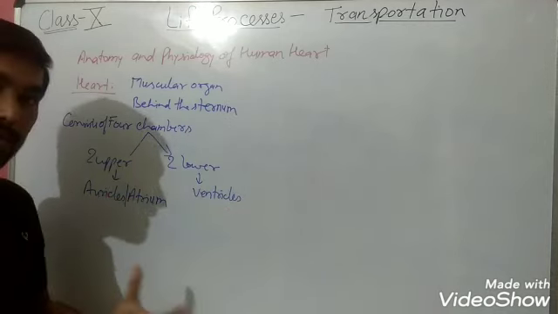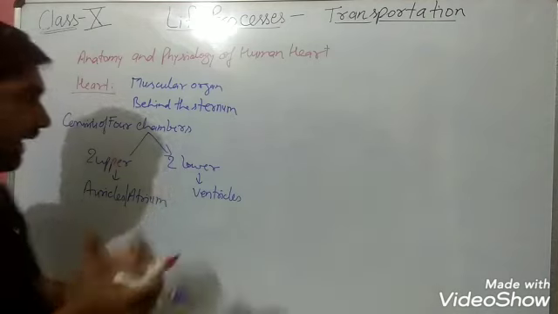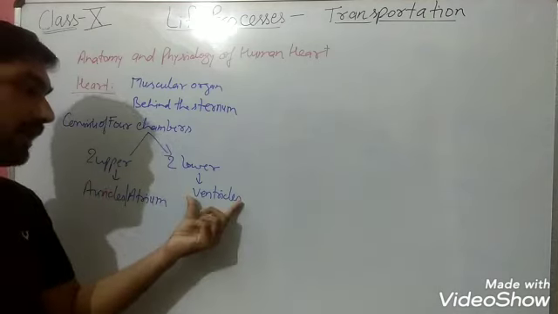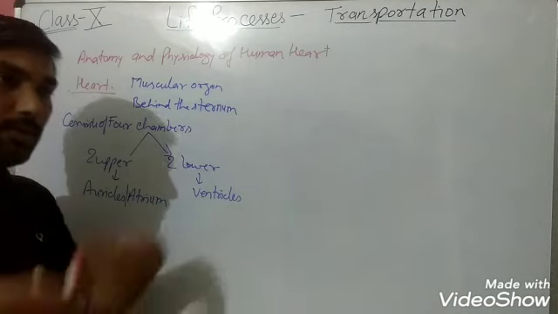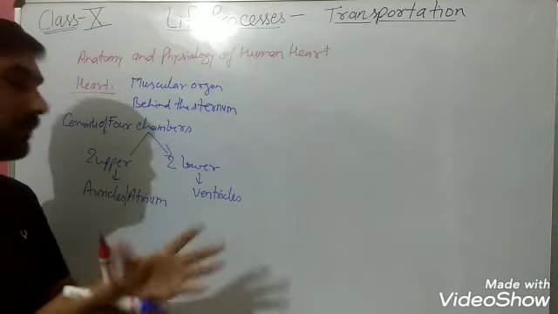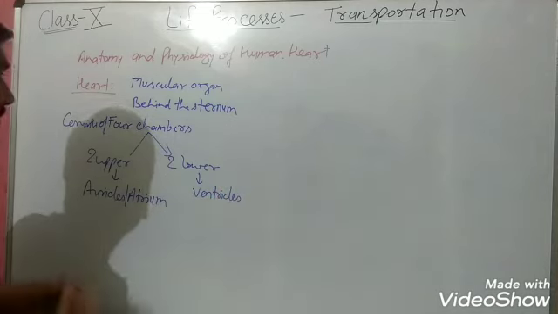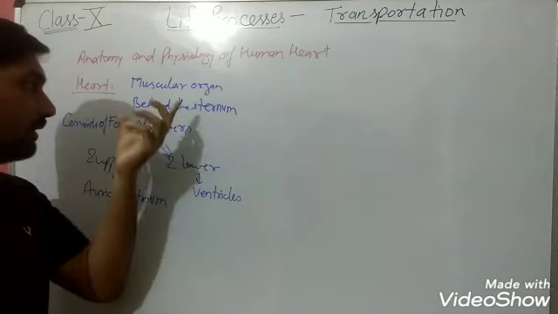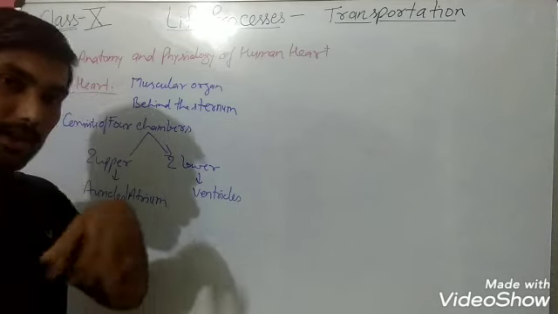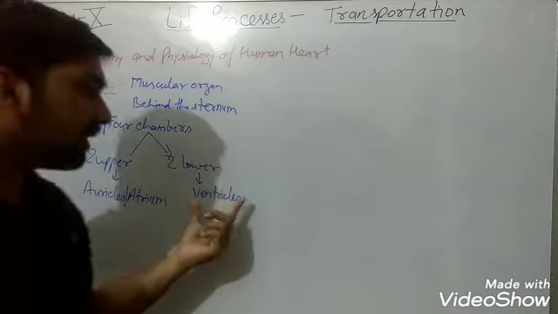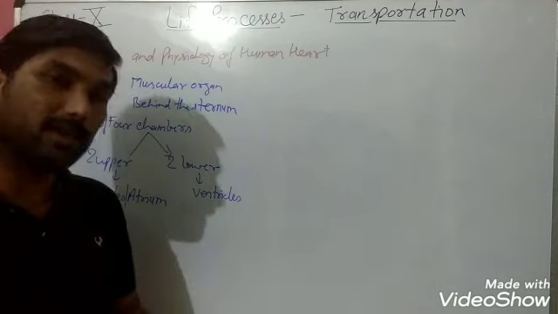Auricles are the chambers which accept the blood inside the heart, and ventricles are the lower chambers which send the blood out from the heart to various parts of the body. The lower part of the heart, the ventricle, is slightly shifted towards the left side.